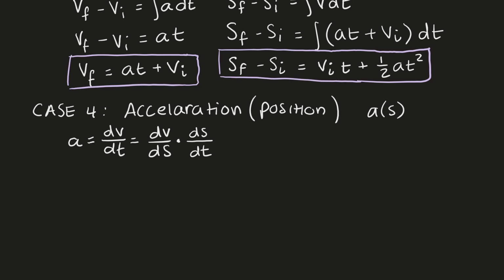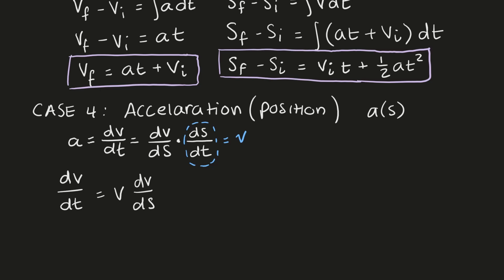Well, we know that this term right here, ds/dt, is just a fancy way of writing v, right? So I could rewrite all of that as dv/dt is equal to v dv/ds. And this is probably one of the most unintuitive things in this video thus far.